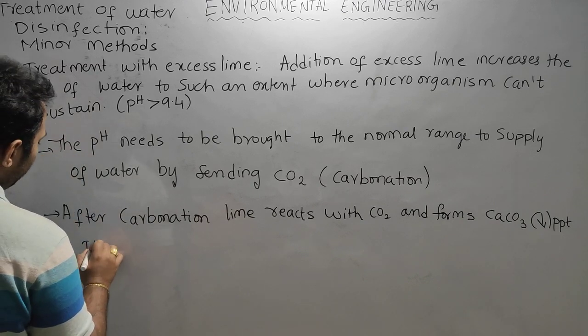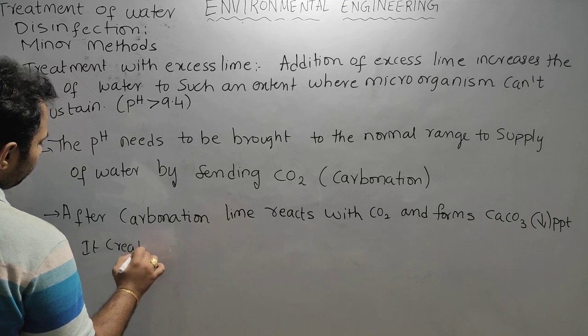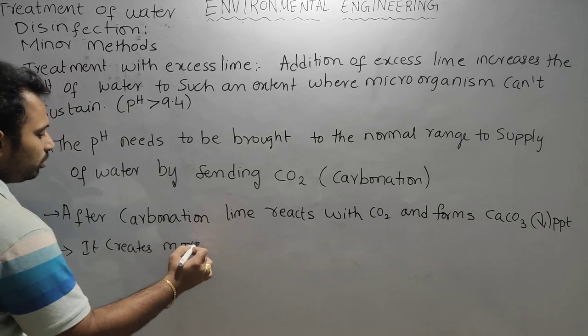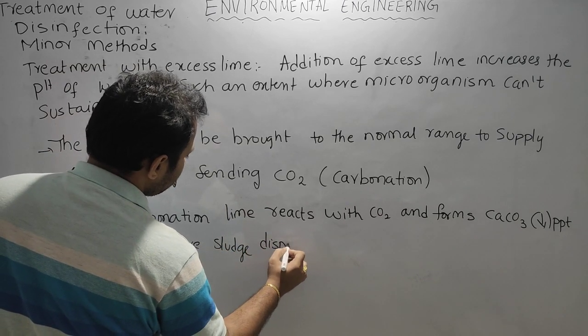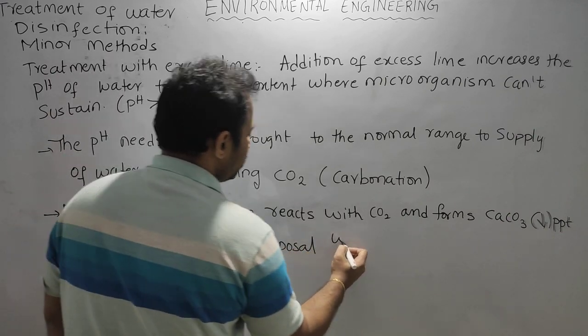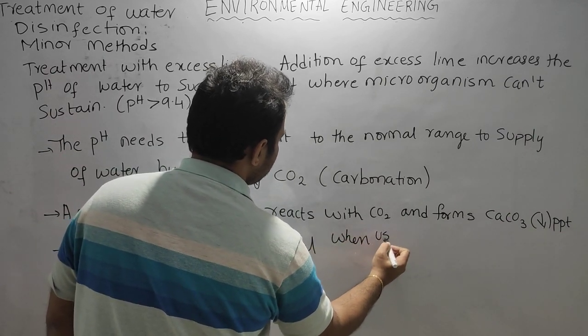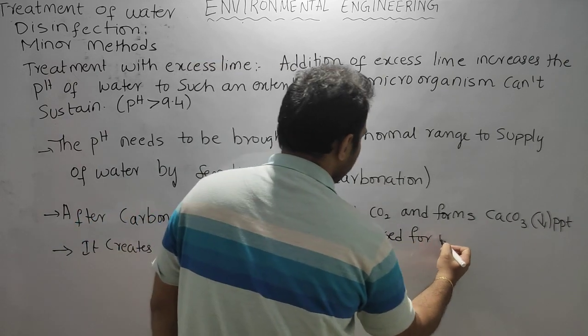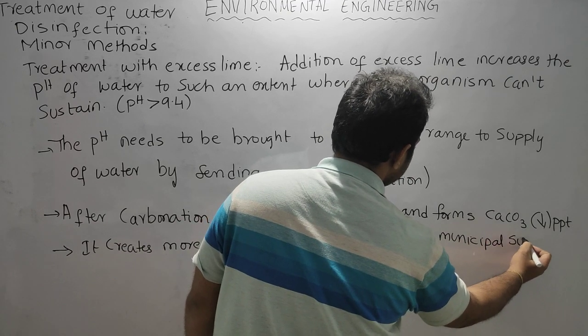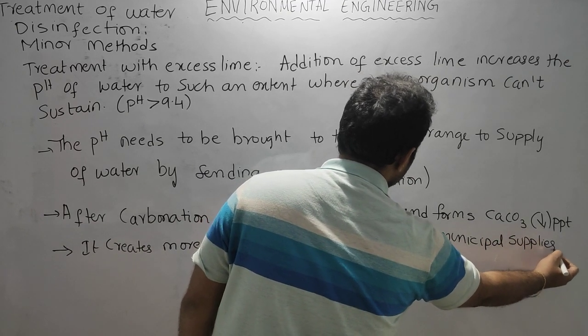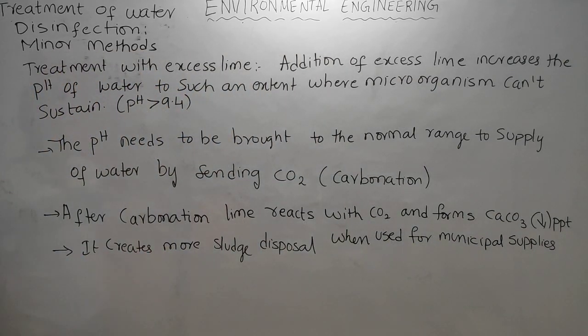It creates more sludge disposal when used for municipal supplies. So that is why generally we don't prefer this method for bulk water supplies. This is treatment with excess lime.